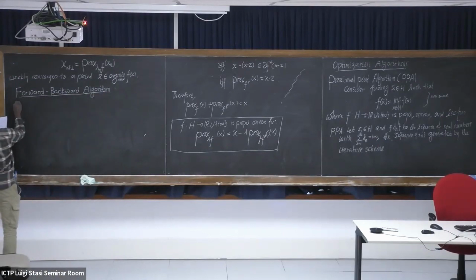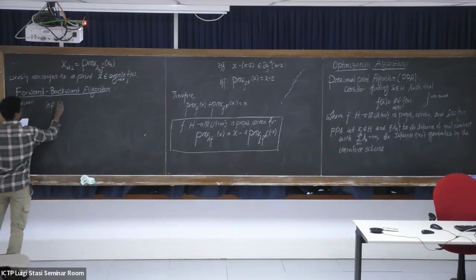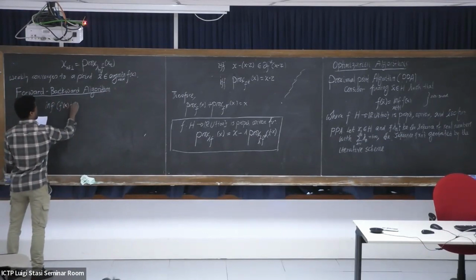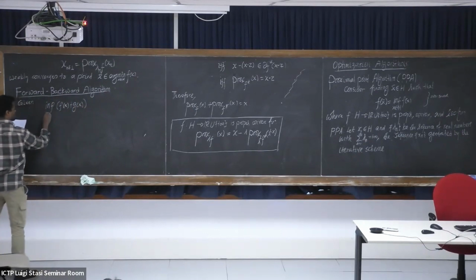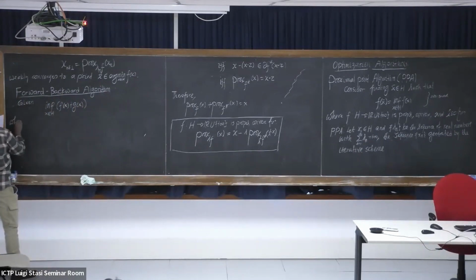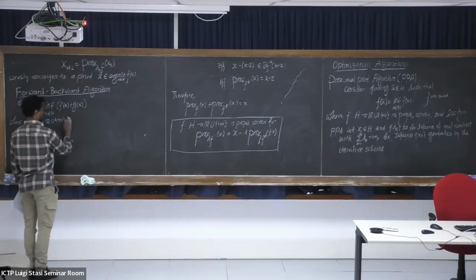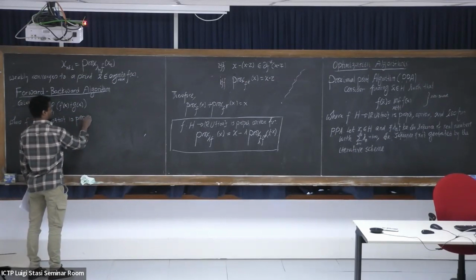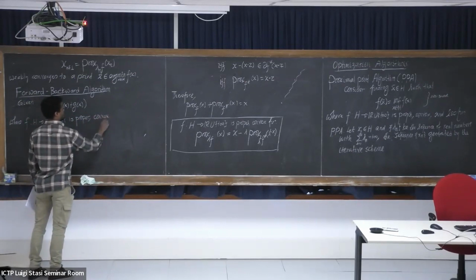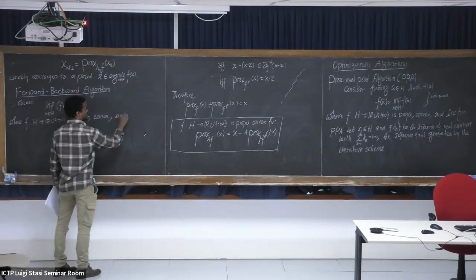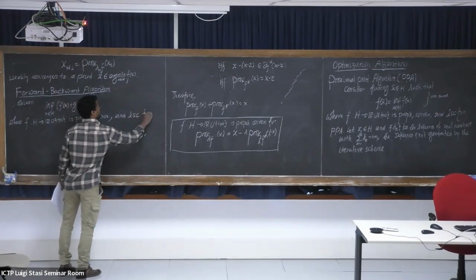So the problem is this one. F could be proper, convex, and lower semi-continuous function.